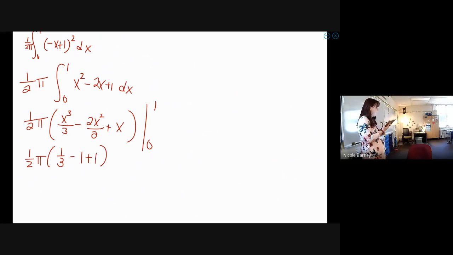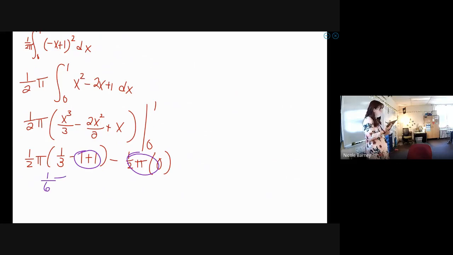That's evaluated at 1. And then I would evaluate it at 0, which is just 0. I would just do the negative 1/2 pi on the outside because that's easier than trying to multiply it. Then that zeroes out, that zeroes out, so I just get 1/6 pi.